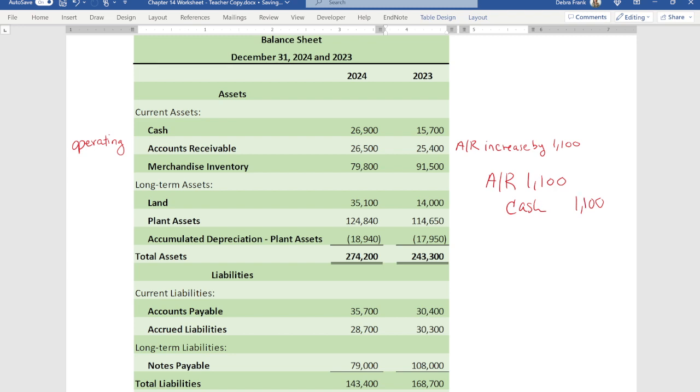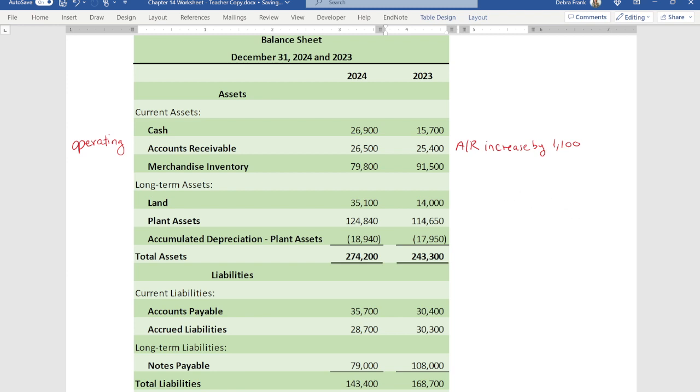And so that would be a decrease to cash. So you had two different ways. You could cheat with this journal entry, or you could say, well, we have 1,100 less of cash in our company. So that's one analysis way, or the other way, you could cheat with this journal entry, and you can see that we have a decrease for cash.